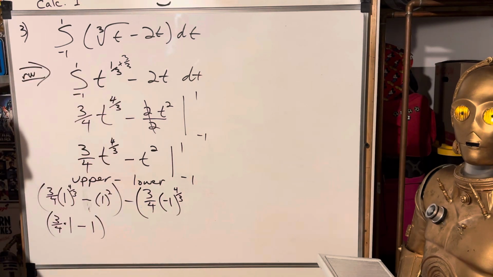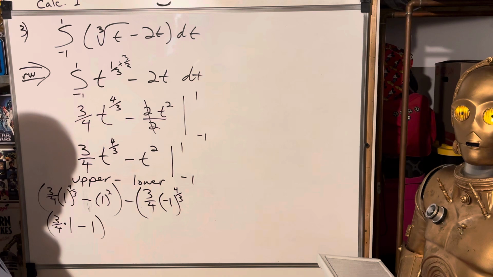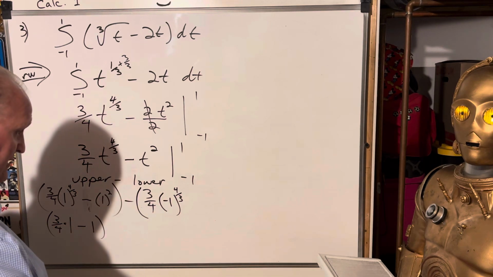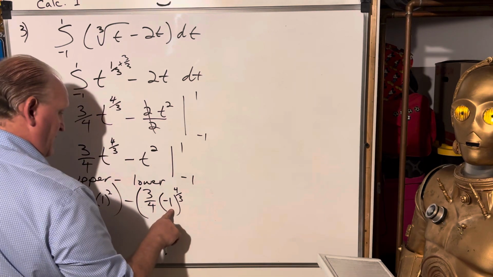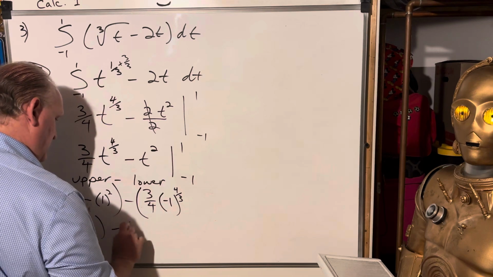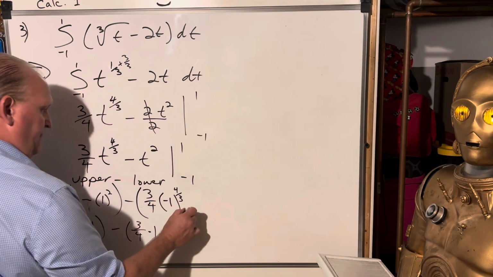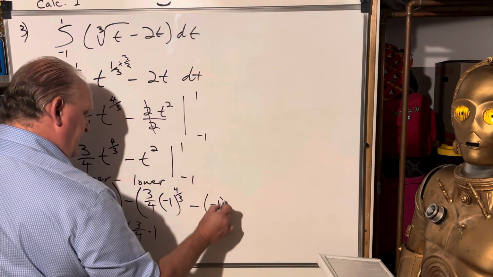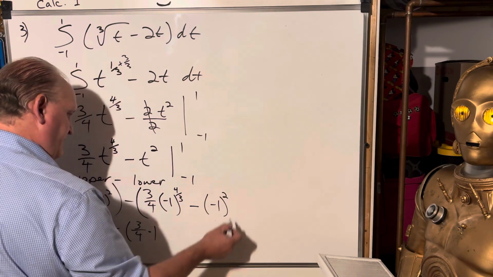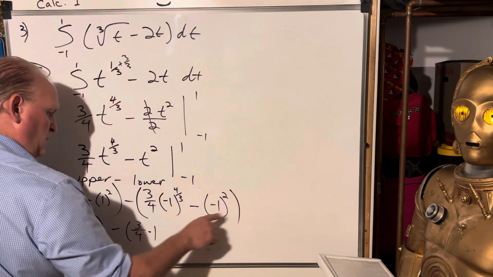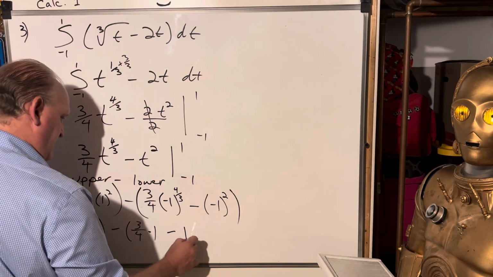We do that first. That makes it +1, and we take the cube root of it, and so that becomes just 1 again. So minus 4 times 1, and then minus -1 squared. And so -1 squared is 1, so it's minus 1.